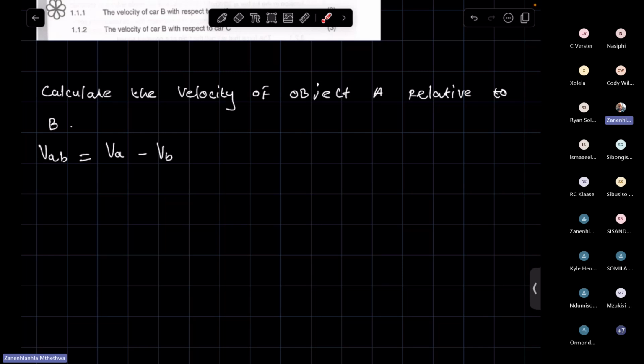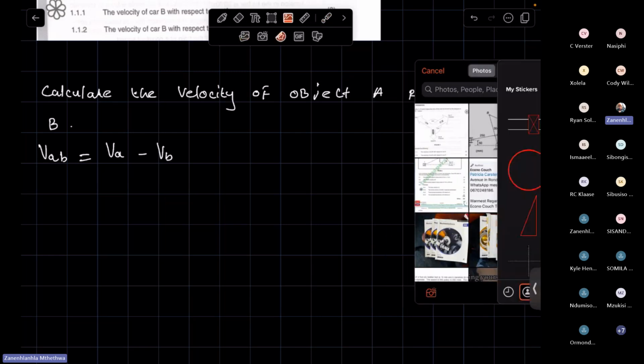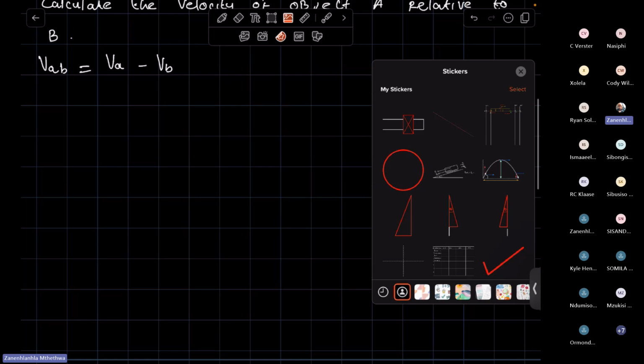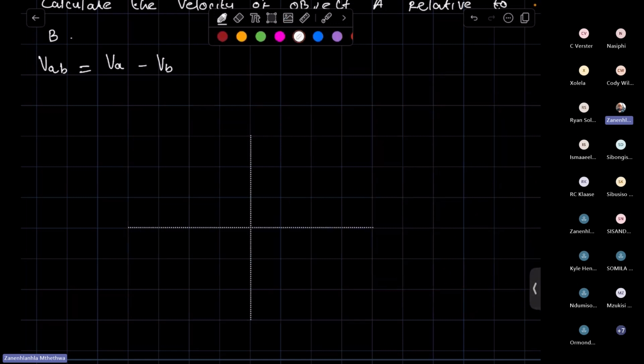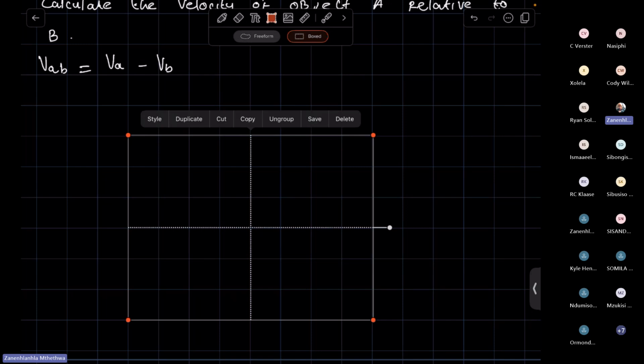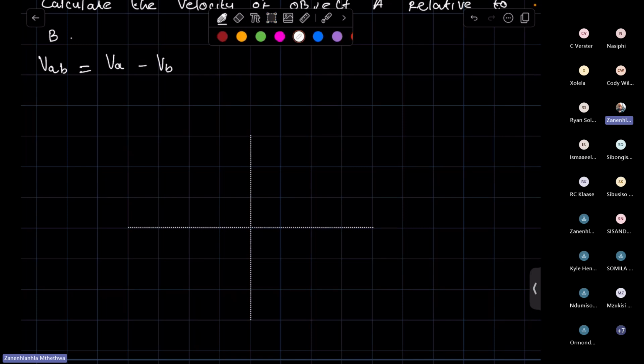So by that, I mean, what we are going to look at is, say now, you're being told to calculate the velocity of A relative to B, and say A is in that direction. Take this as the velocity of A. And then maybe B is, say, in that direction.